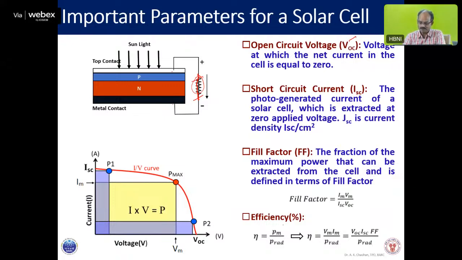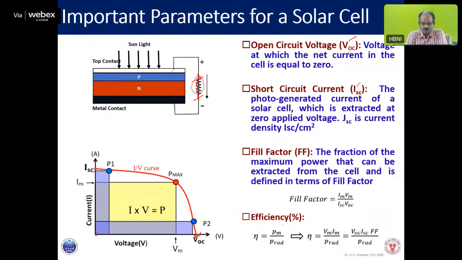Then the third is fill factor. Now you see the VOC. When you are measuring VOC, you are not drawing any current, so power drawn will be 0. Similarly, when you are measuring the short circuit current, that is the maximum current, but the voltage is 0, so power will be 0 here also.